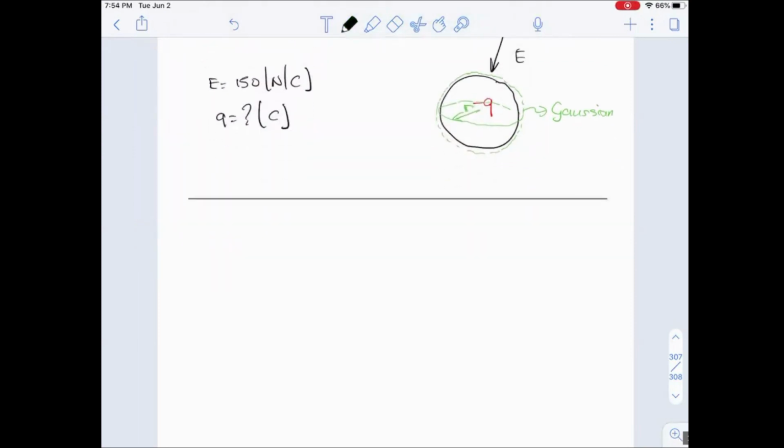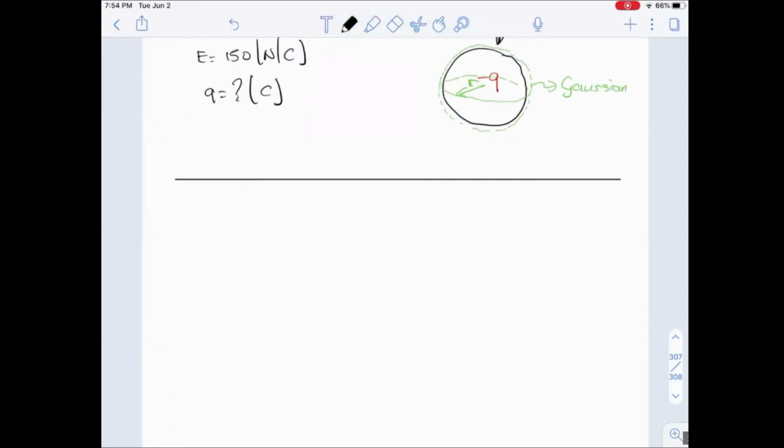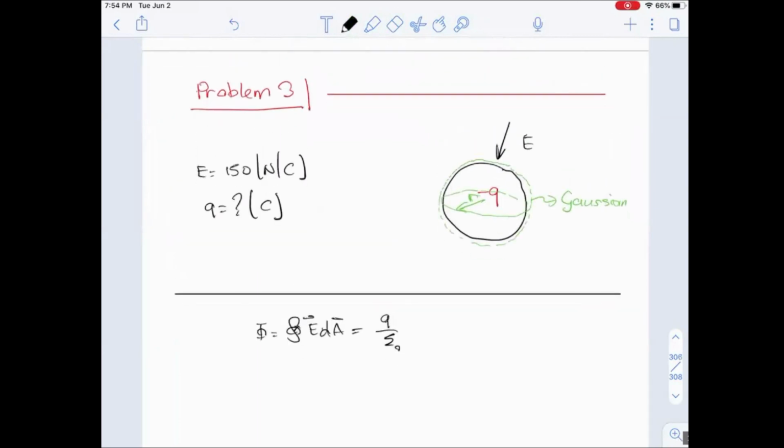All right, so now we can figure out the net charge right after Gauss's law. So here's your flux, the strength of the electric field intercepted by this area, and here's the net charge on the inside. All right, guys, here's the electric field, and you notice that the area vector is going to be parallel to it at that point.